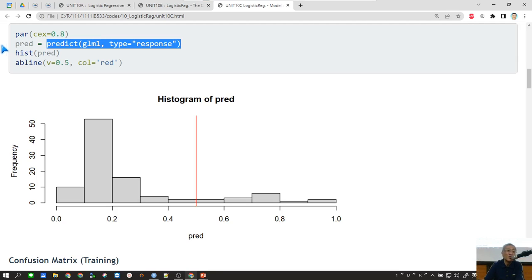So when you do the prediction, you predict the probability, and you need to cut the predicted probability. If the probability is larger than 0.5, you say this point is more likely to be 1. That's the way it works, and this is for training.